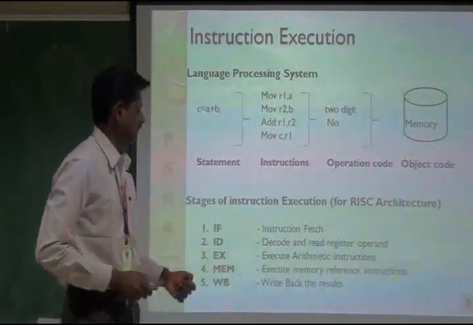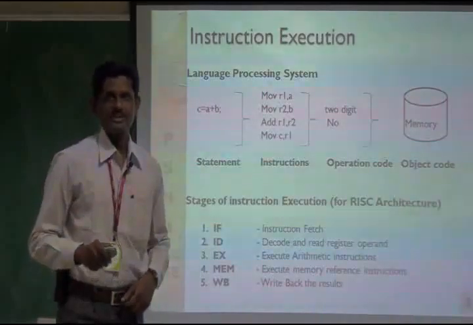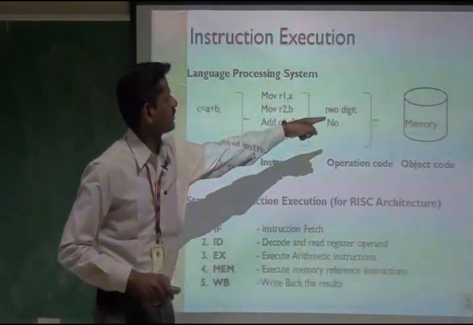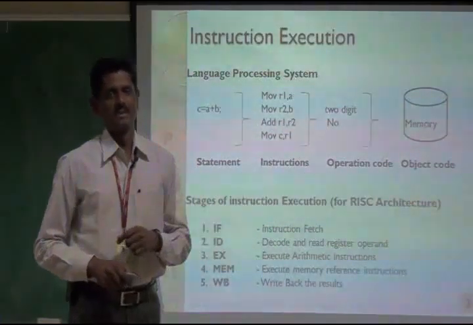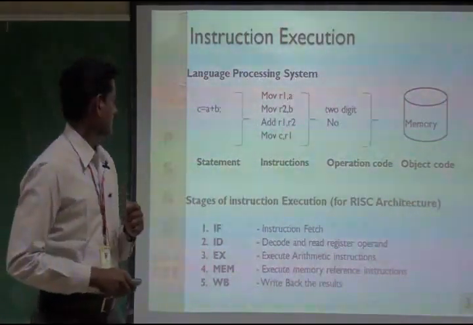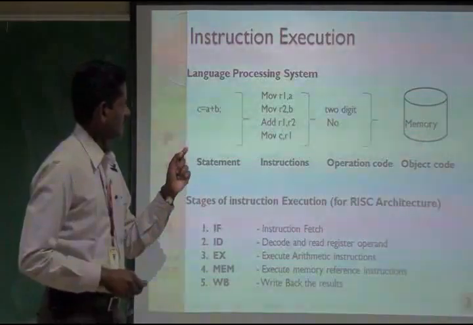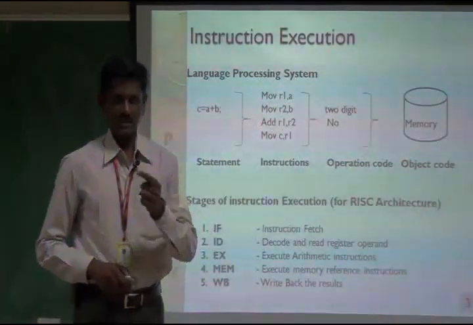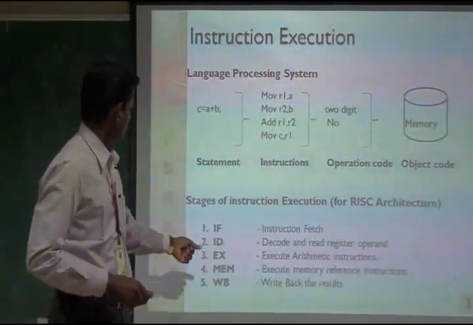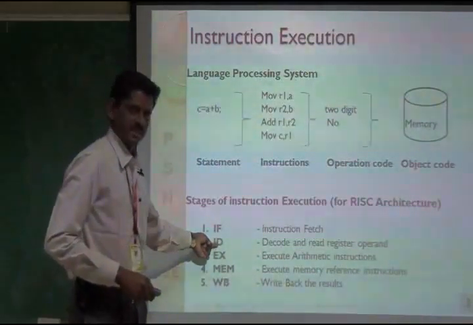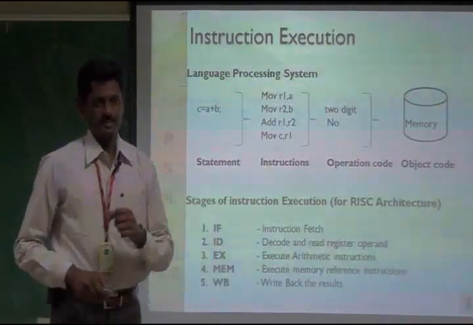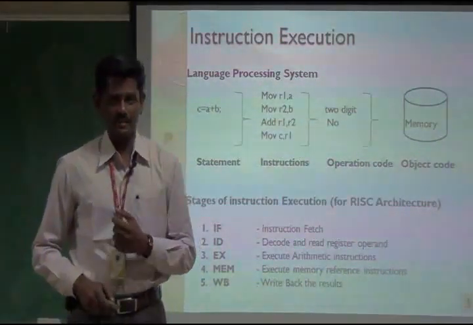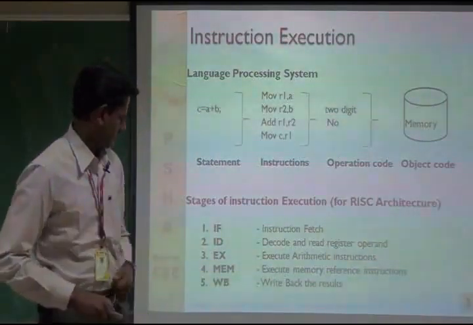We start with IF, instruction fetch, or reading the instruction from memory, that is step 1. Then we know the instructions are in encoded format, which should be decoded, so we have a stage, instruction decode. Here the processor regains the actual form of the instruction.